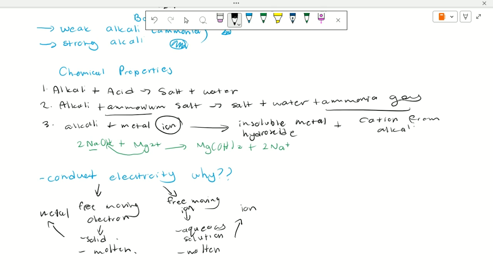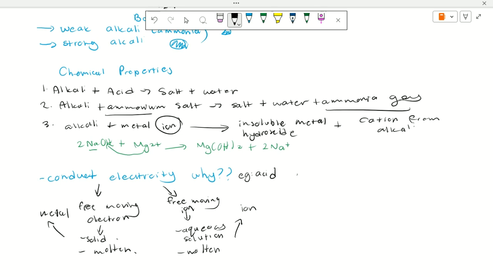Molecules don't conduct electricity except for acid. Okay, for alkali I don't remember, try Google, I don't want to misspread any information, but acid can conduct electricity.